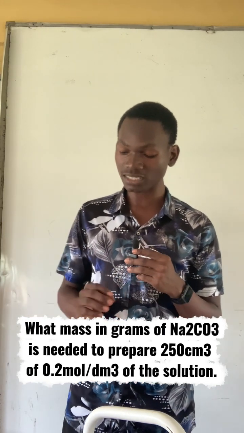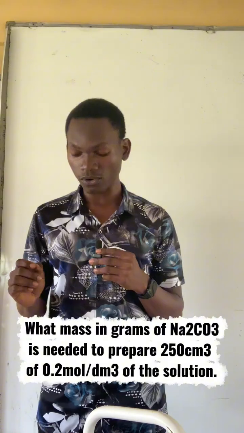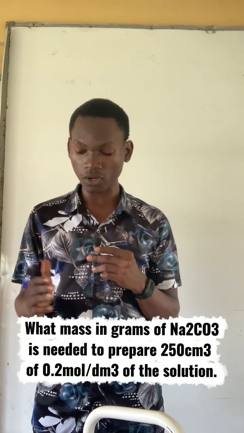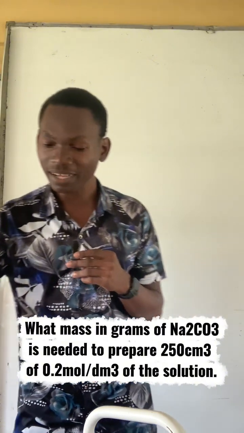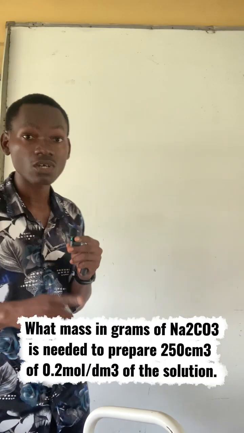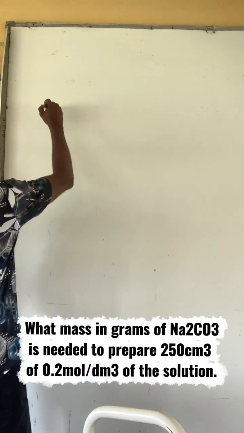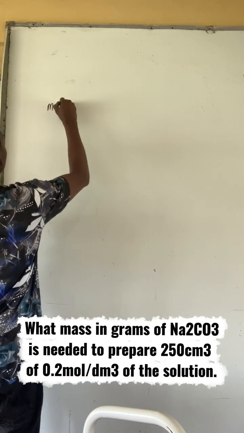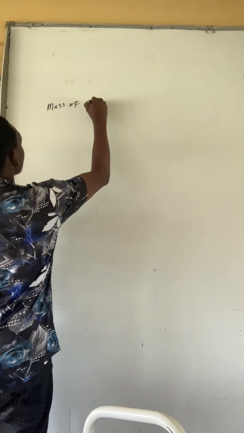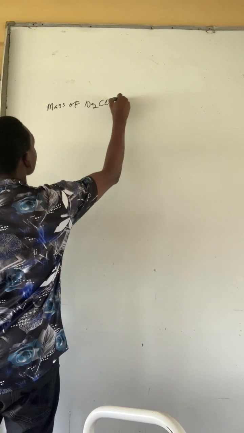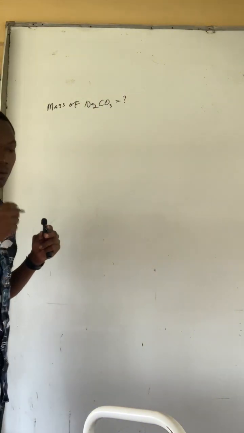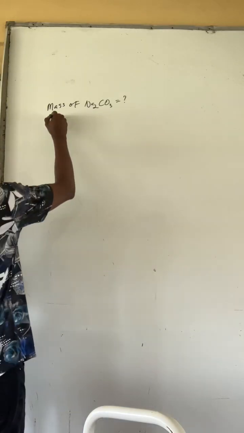And we are given the mass numbers for sodium, oxygen, and carbon. Let's simply write out all the parameters given to us. First of all, the question says we should calculate the mass of sodium carbonate. That's our main aim. But we are also given the concentration.